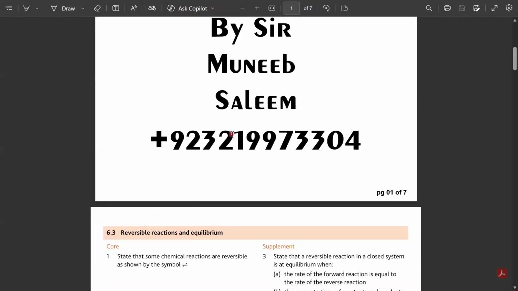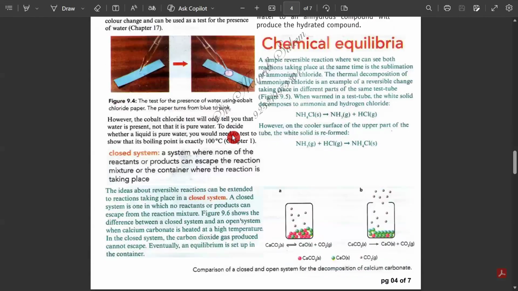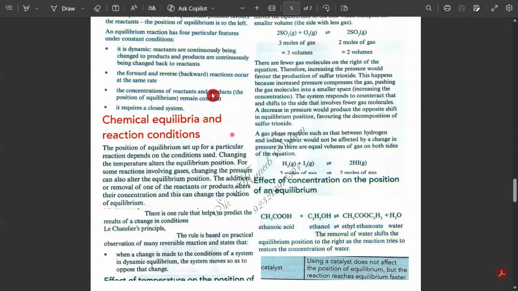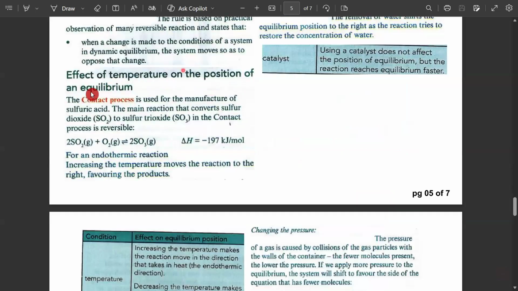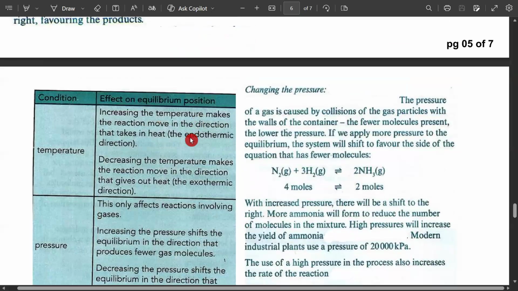We remember we have already studied the effect of the temperature on the position of equilibrium. If there is an increase in temperature, it shifts the equilibrium towards the endothermic direction, and it reverses for the exothermic reaction.